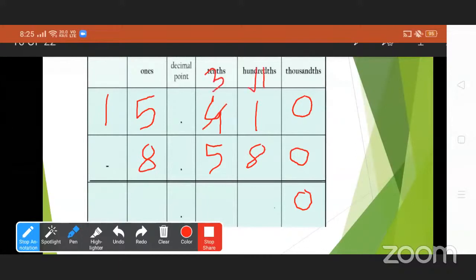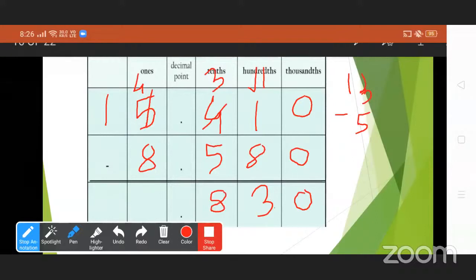So 11 minus 8 is 3. Now 3 minus 5: we will borrow, so 3 will be 13 and the 5 will be 4. 13 minus 5 is 8.